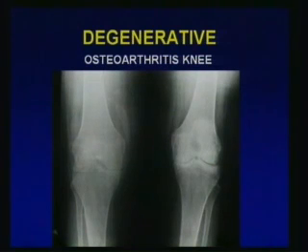So this disease usually occurs in the major weight bearing joints of the body, and in the Indian population peculiarly, osteoarthritis of the hip is rare. On the other hand, osteoarthritis of the knee is very common.